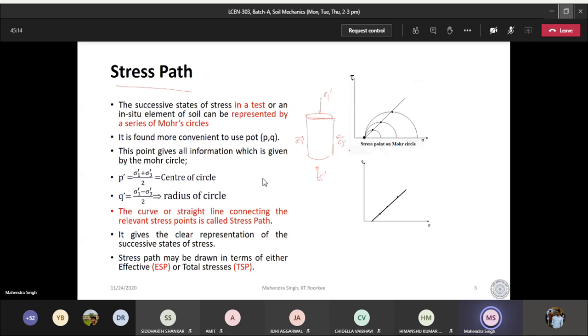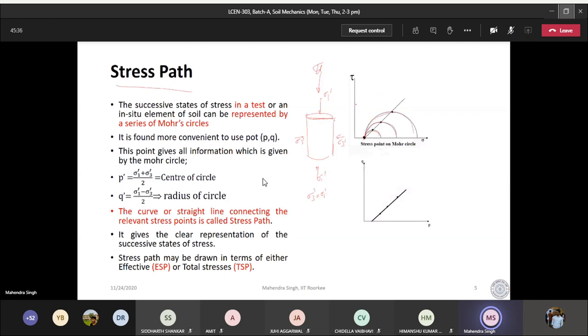So when all round stresses were sigma 3 dash, so sigma 3 and sigma 1 were equal, so this was the Mohr circle. When you start applying the deviatoric stress, then you have one circle like this, another circle like this, another circle like this.